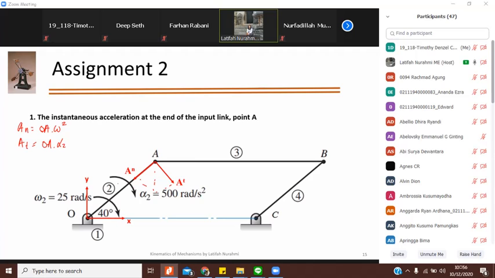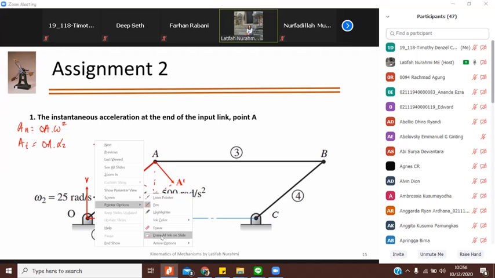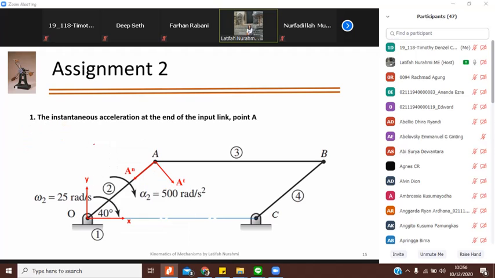So I need the directions. That's why finding it by using the vector loop will be very useful. So OA, let's call it L. So L cos theta, sine theta. Then you derive with respect to time.